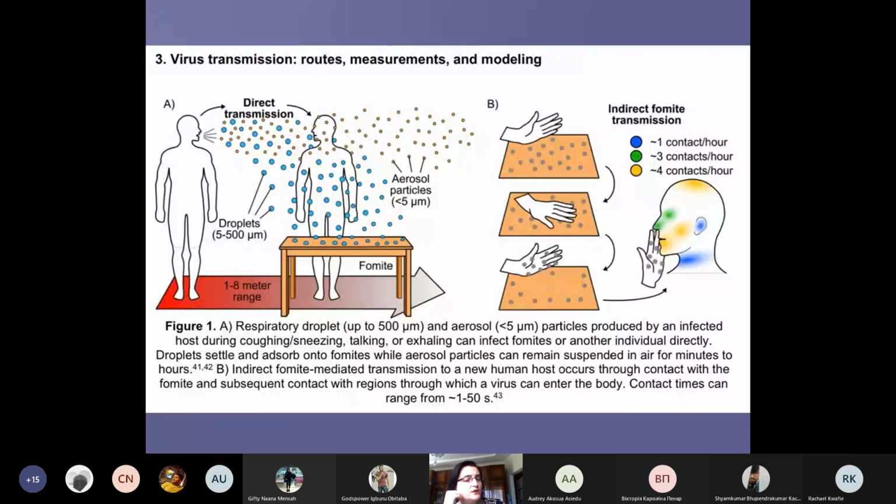Influenza viruses are transmitted principally via large and small aerosolized particles. As you see here, large and small aerosolized particles. Direct transmission of influenza A virus to humans from animals has been documented.